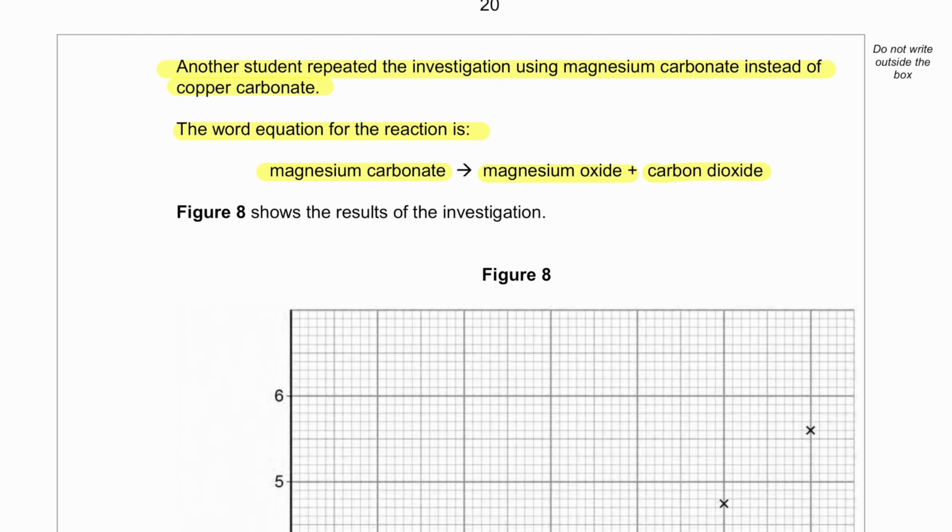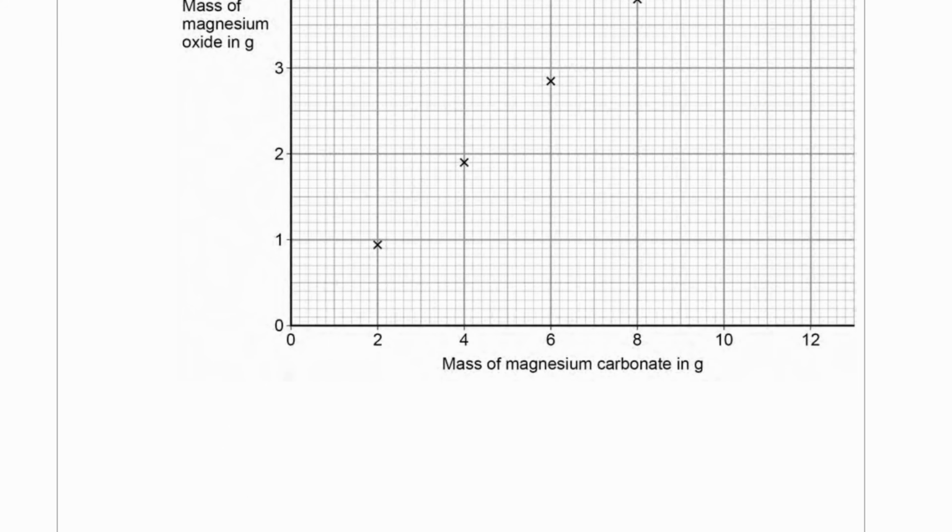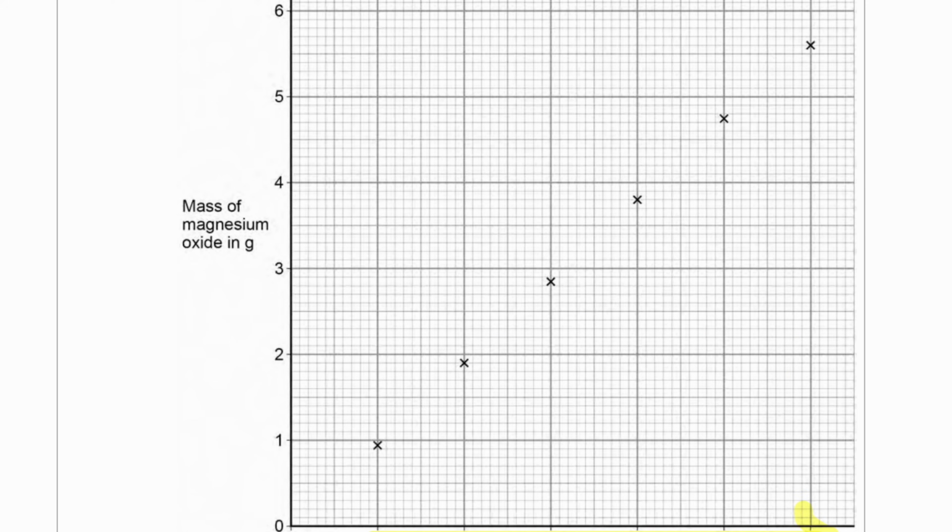Figure 8 shows the results of the investigation. We can see that as the mass of the magnesium carbonate increased, the mass of magnesium oxide in grams also increased.